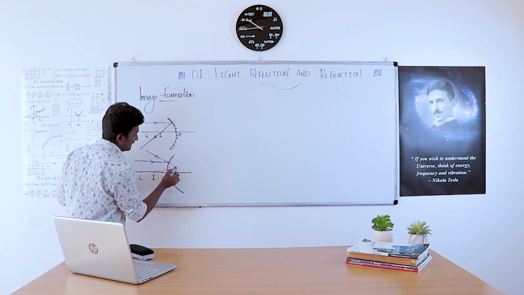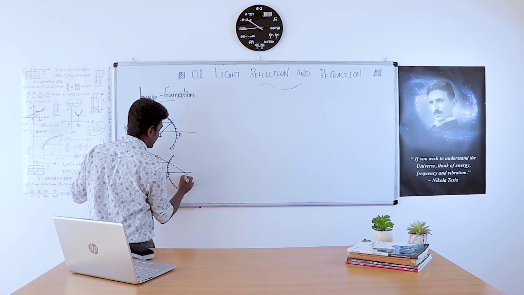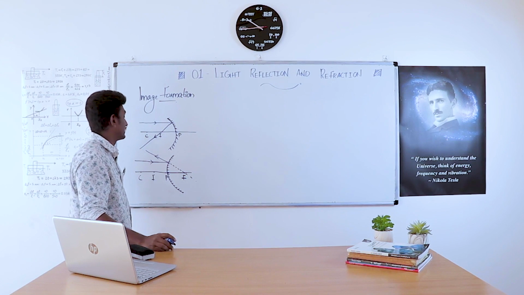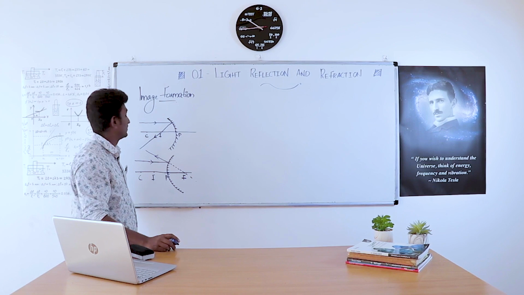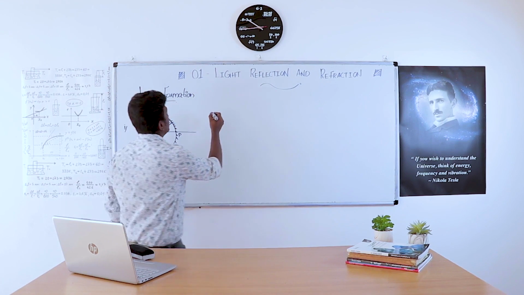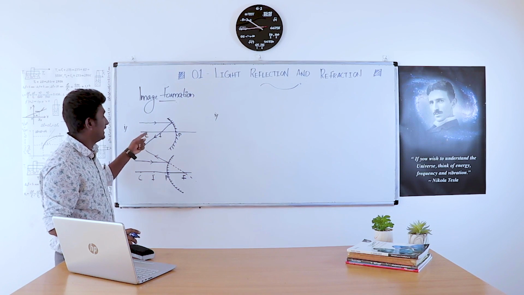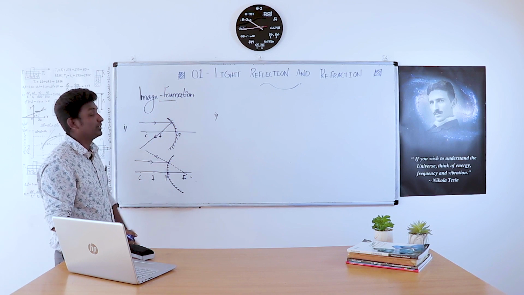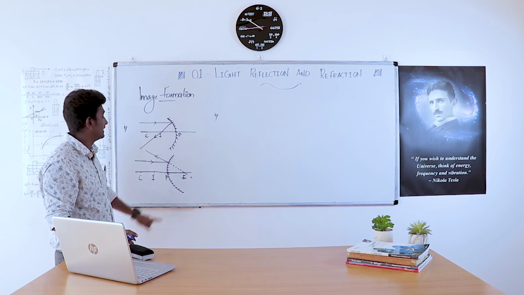When this ray of light is extended to the other side, then it will pass through the focus on the other side. That means the focus behind the mirror. Now, this is the first law. When a ray of light comes parallel to the principal axis, after reflection from the mirror, it passes through the focus. This is the case for both concave and convex.